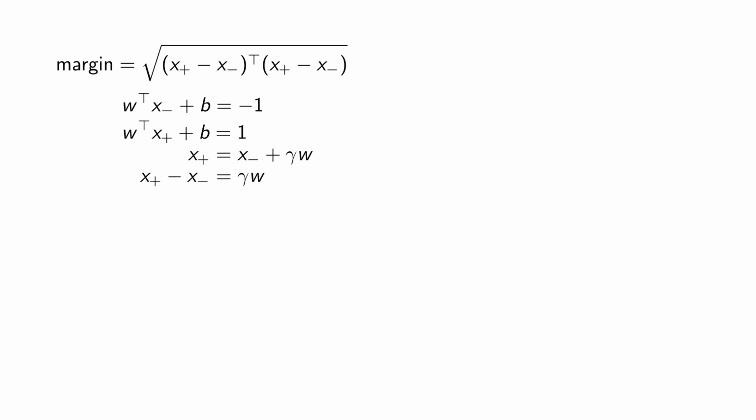So one idea is that this equation uses x plus, but the second equation right below it defines another way of writing x plus. So one thing we can do is just try plugging in the right-hand side of the second equation into the first equation. So we end up with, now we've replaced x plus with this other way of writing it, which is x minus plus gamma w. And now we have w transpose of that plus b has to be equal to 1.